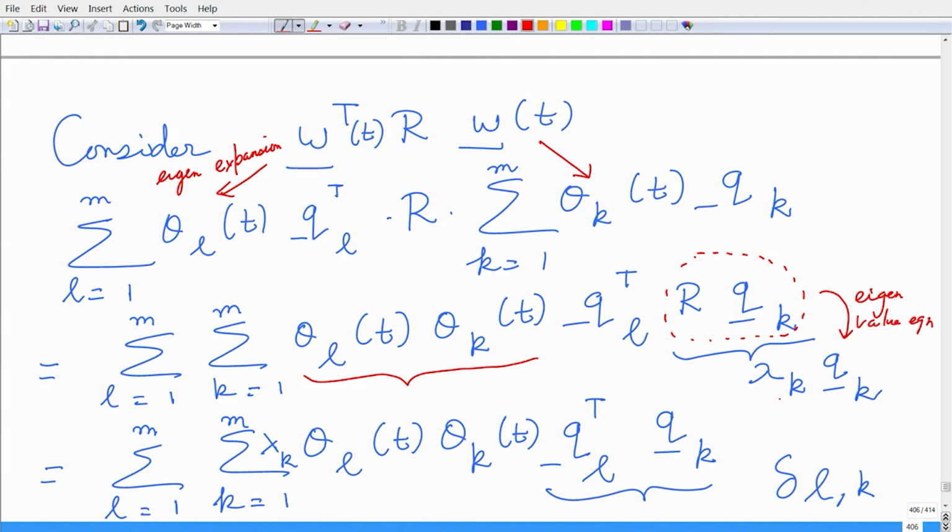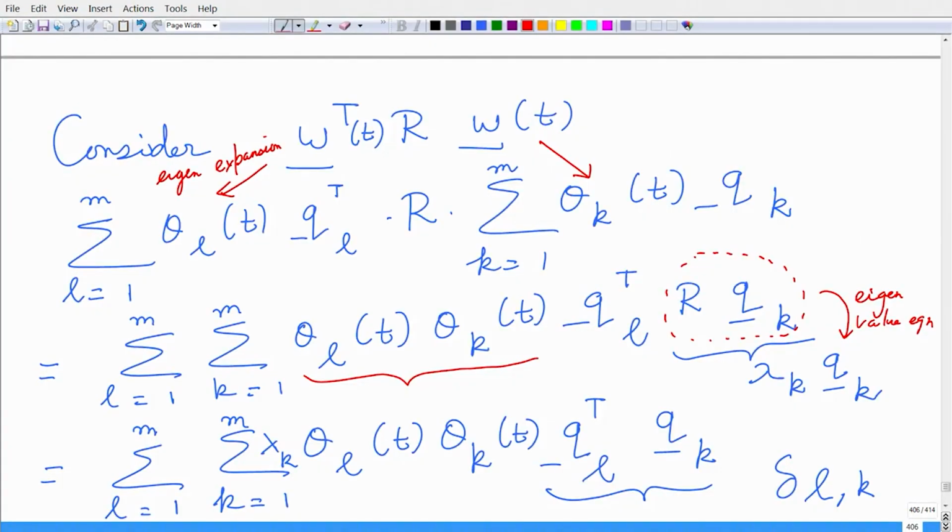Now I pull this scalar lambda k outside, and I end up with ql transpose times qk. But these eigenvectors are orthonormal, and I can write ql transpose qk as delta lk. That means it is equal to 1 when L equals k, and their inner product, that is the inner product of ql with qk, is 0 when L is not equal to k.